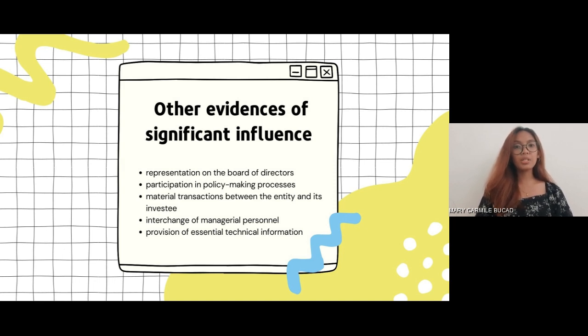B. There is participation in policy-making processes, including participation in decisions about dividends or other distributions. C. There are material transactions between the entity and its investee. D. There is an interchange of managerial personnel. And lastly, E. There is provision of essential technical information.